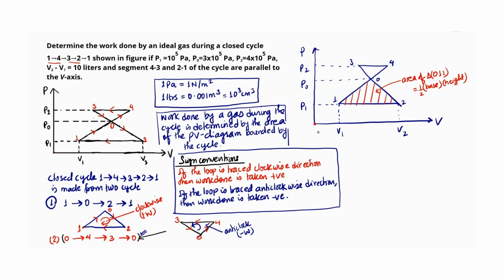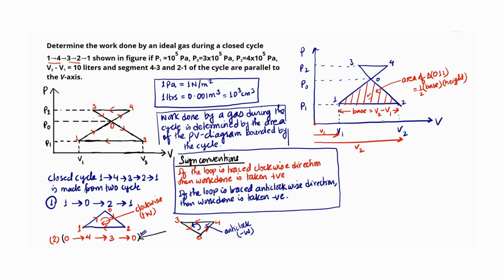This is the origin. This length is V2. This length is V1. So the base of this triangle is this length, and the base is V2 minus V1. Clear?